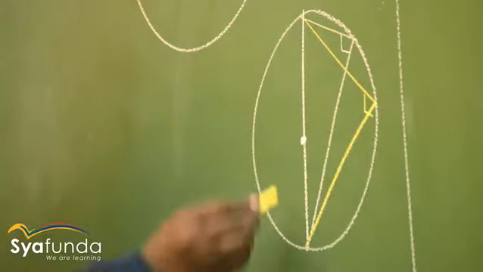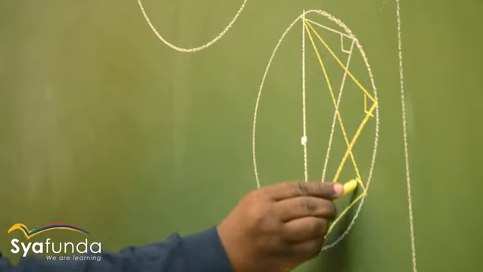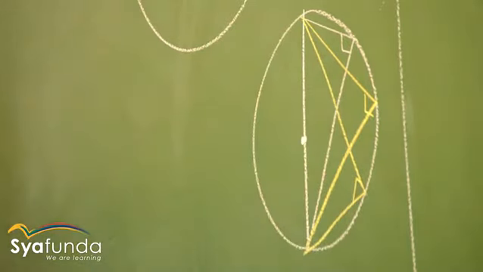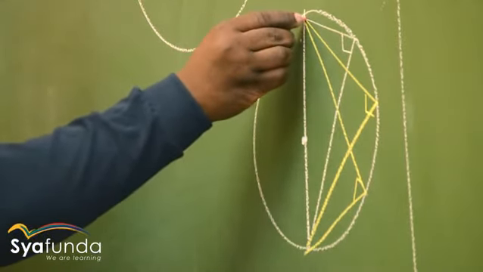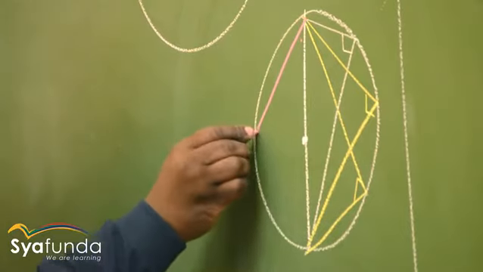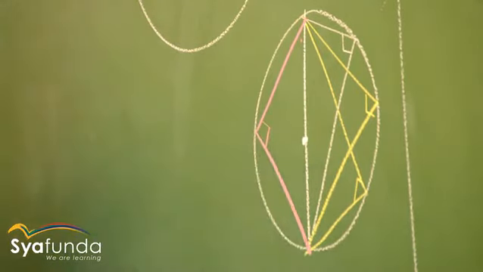The diameter can also come this side and subtend this angle. So whenever we've got an angle that is subtended by the diameter, in other words, that is formed by the diameter, it is equal to 90 degrees.